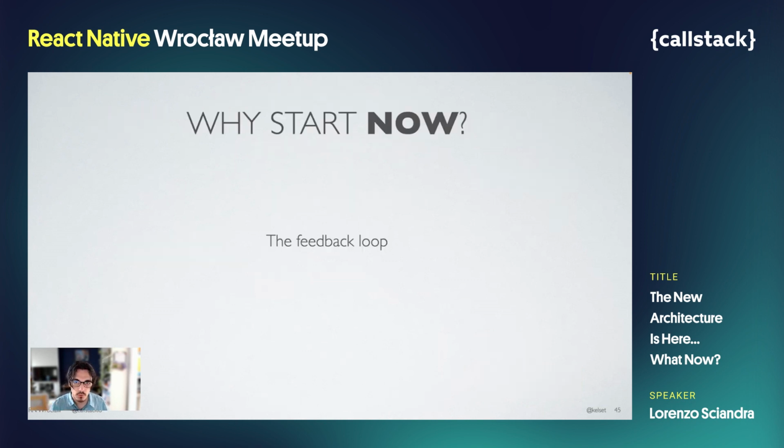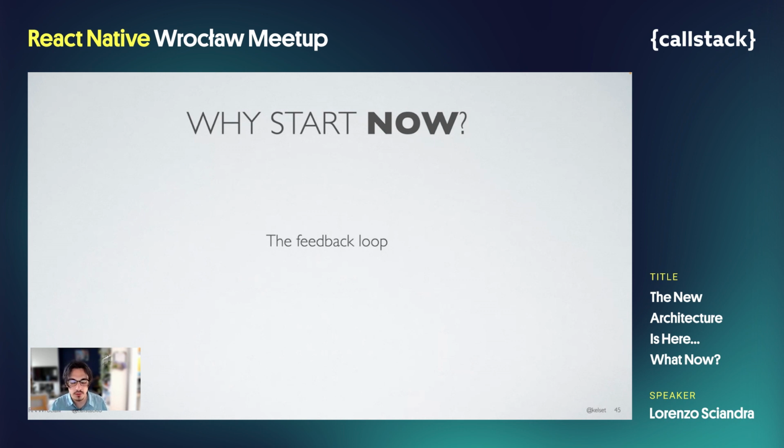Now, why start now? Like I just told you earlier, some libraries don't have new architecture support. Why can't you just wait for everyone else to do the job for you and then you just last minute hop in?